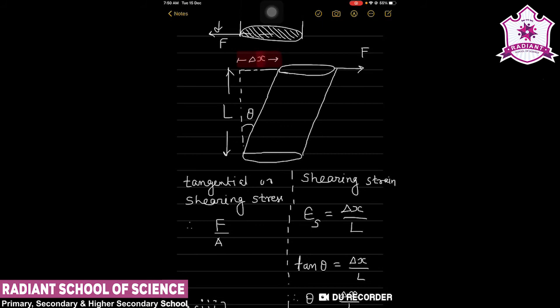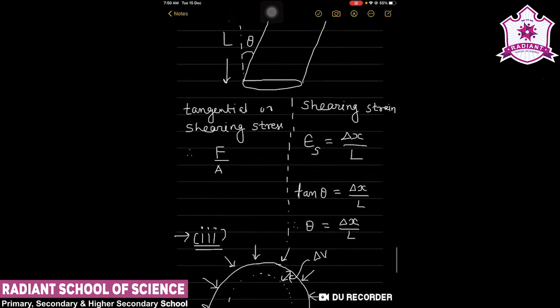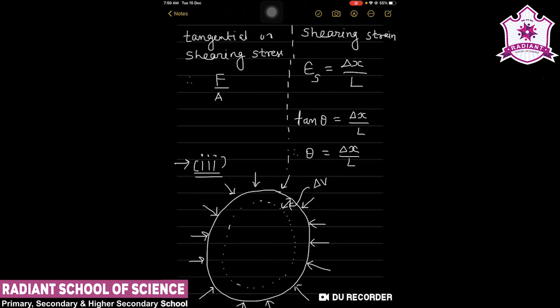So tan theta is equal to delta x upon L. Here theta is the angular displacement of the cylinder from the vertical original position, and usually theta is very small, and therefore tan theta is nearly equal to the angle theta.